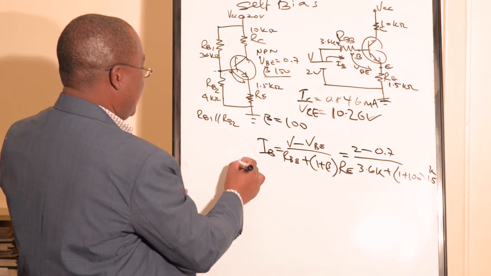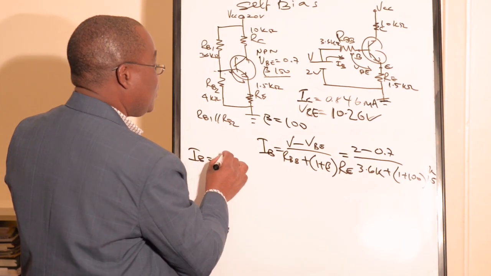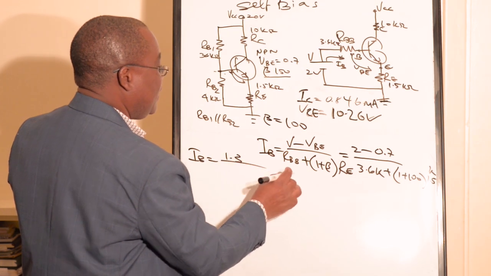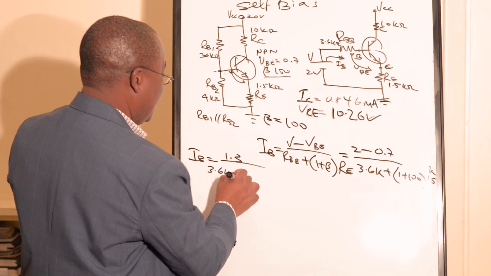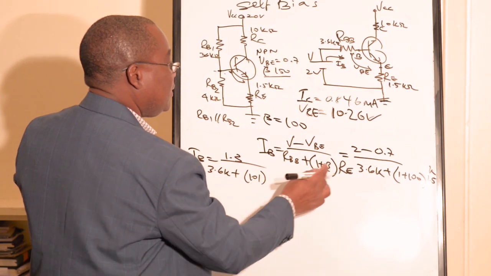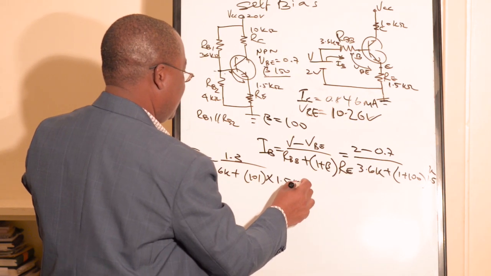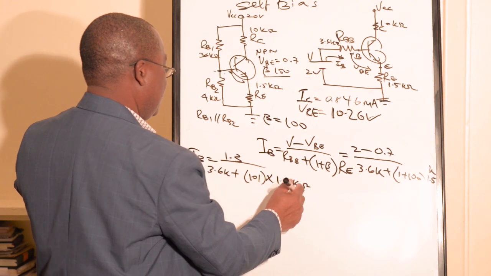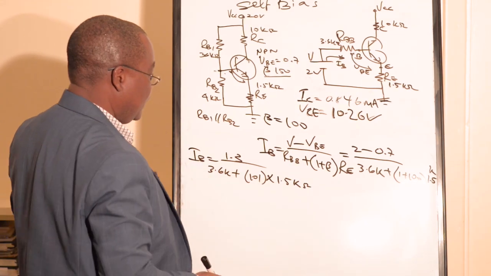So we have IB is equal to 1.3 over 3.6 K plus 101 times 1.5 K, kilo ohms, times 10 power 3.